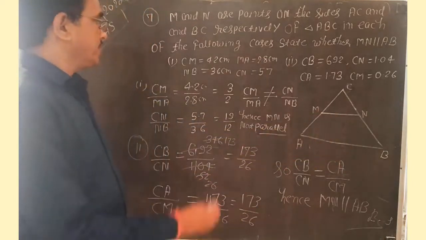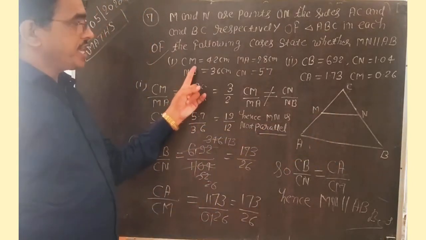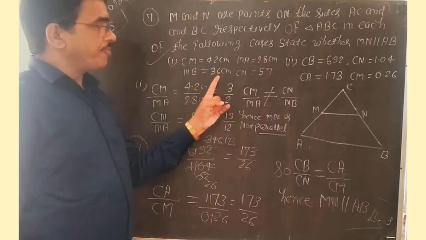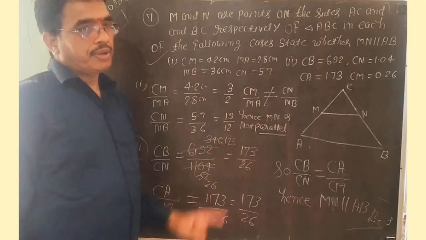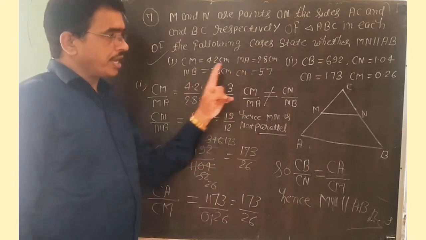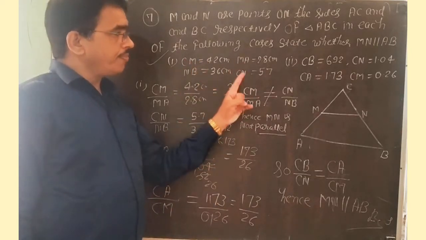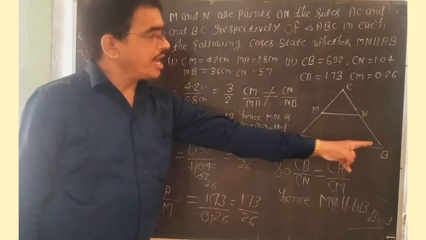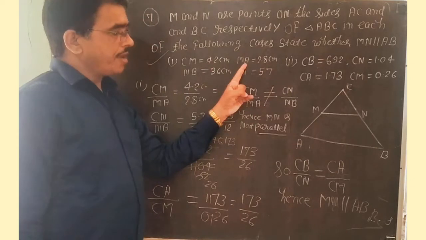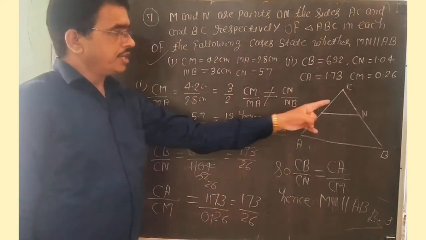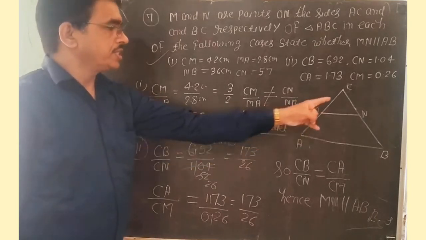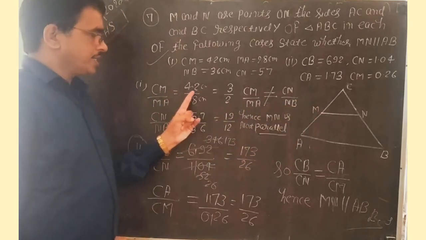So your first condition is given: CM 4.2, MA 2.8, NB 3.6, CN 5.7. Find out from these parts of the triangle, all the small parts: CM, MA, CN, NB. So we take CM by MA, all the small parts. I write here CM by MA.